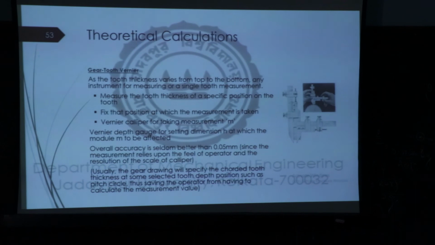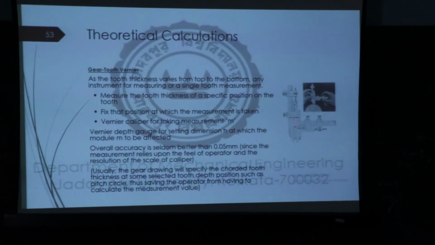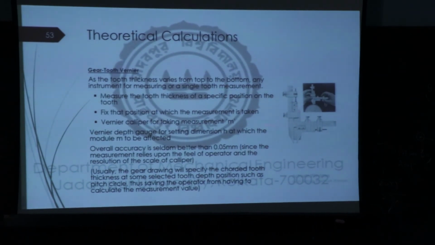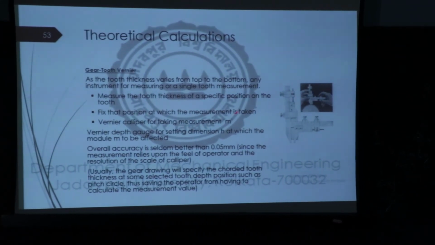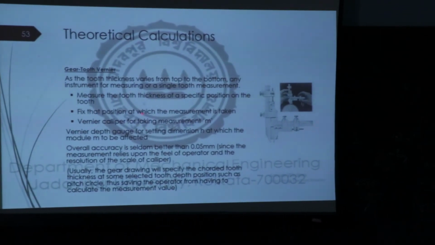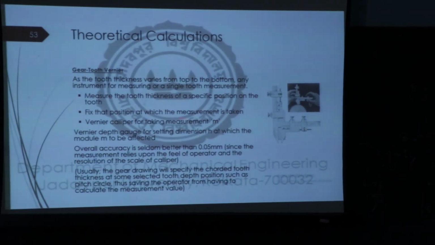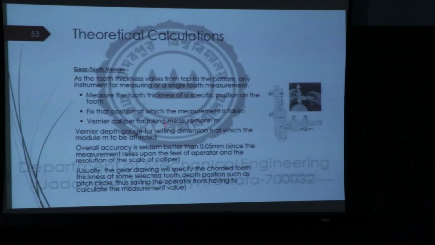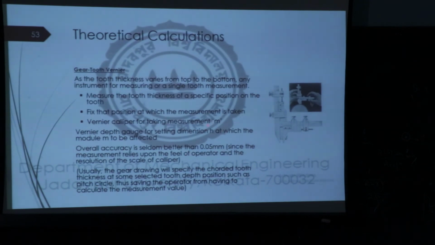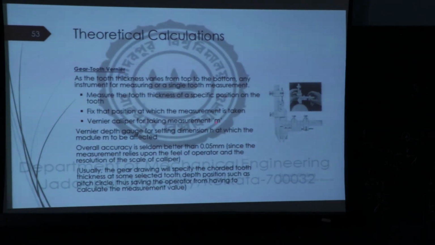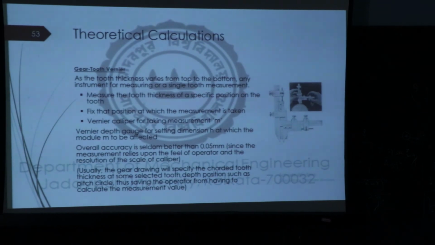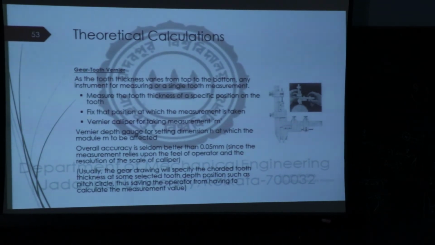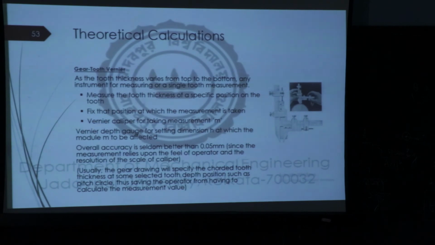This is, as I mentioned, the gear tooth vernier caliper. This is very interesting. It measures the tooth thickness at a specific position on the tooth. Fixing that position means the H value measurement has to be taken, and the vernier caliper will take the measurement M. With the gear tooth vernier caliper you can have the total depth, at what height you will take the width.